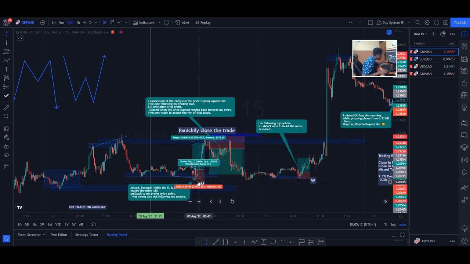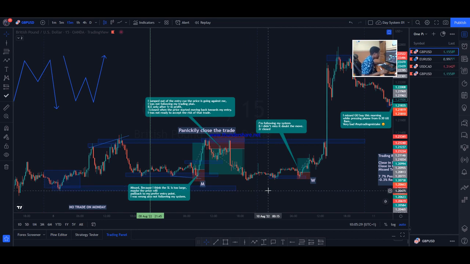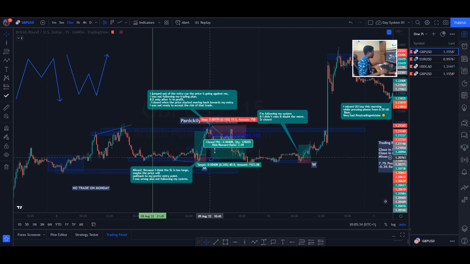So it is kind of simple. Then during the day, I'll be trading the patterns, which are the M pattern and W pattern.